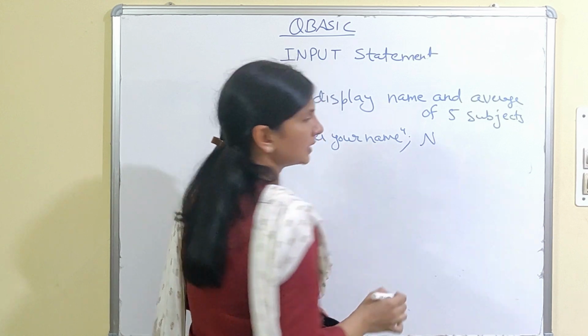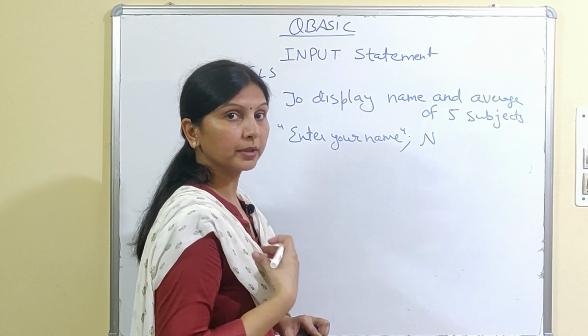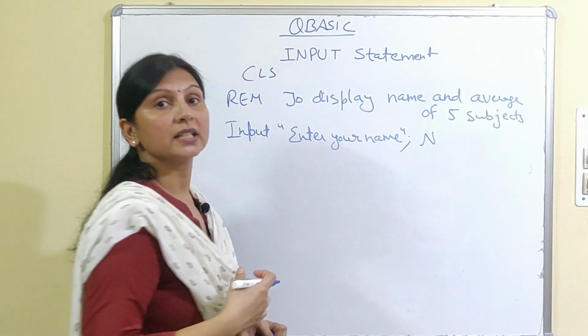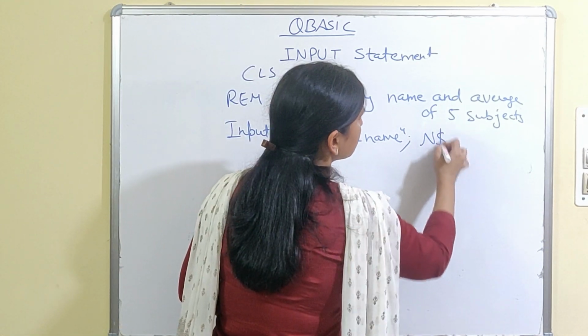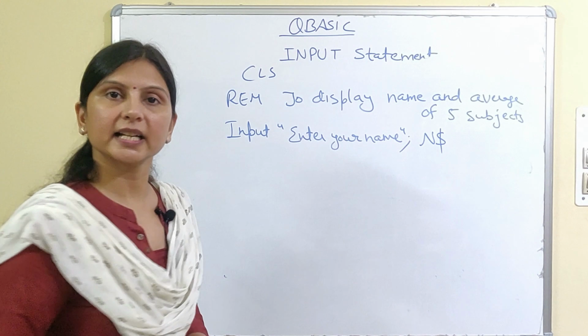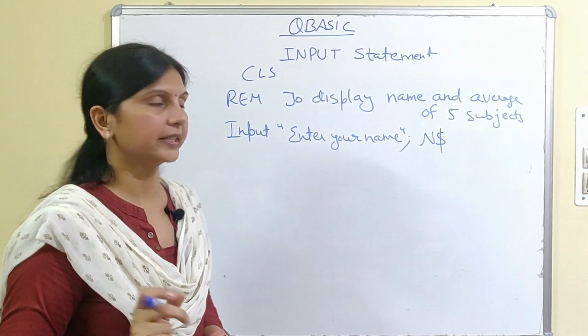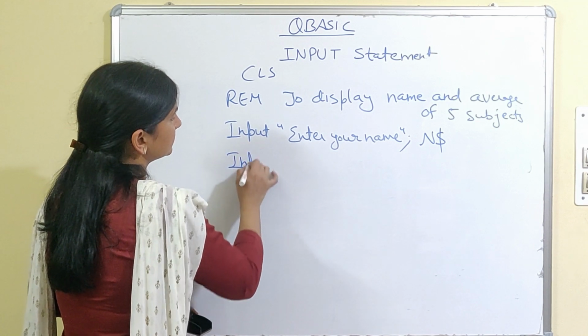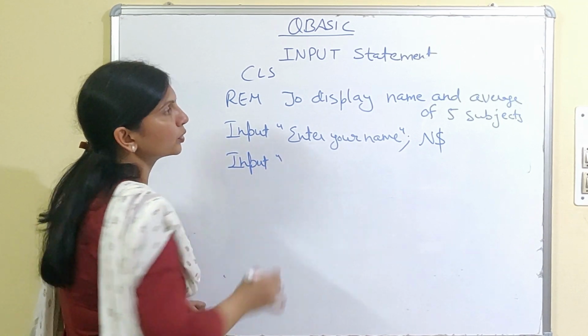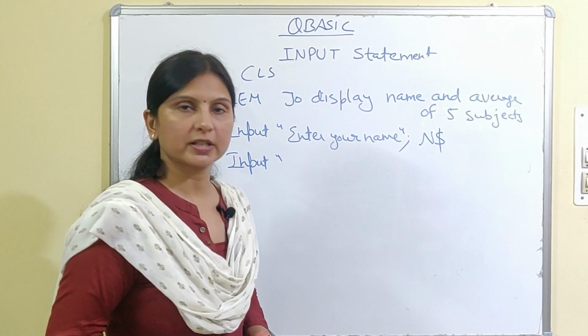N will be correct? No, because name is a string, and for string or alphanumeric we take dollar. So N$ is an alphanumeric variable. Then input marks of 5 subjects.